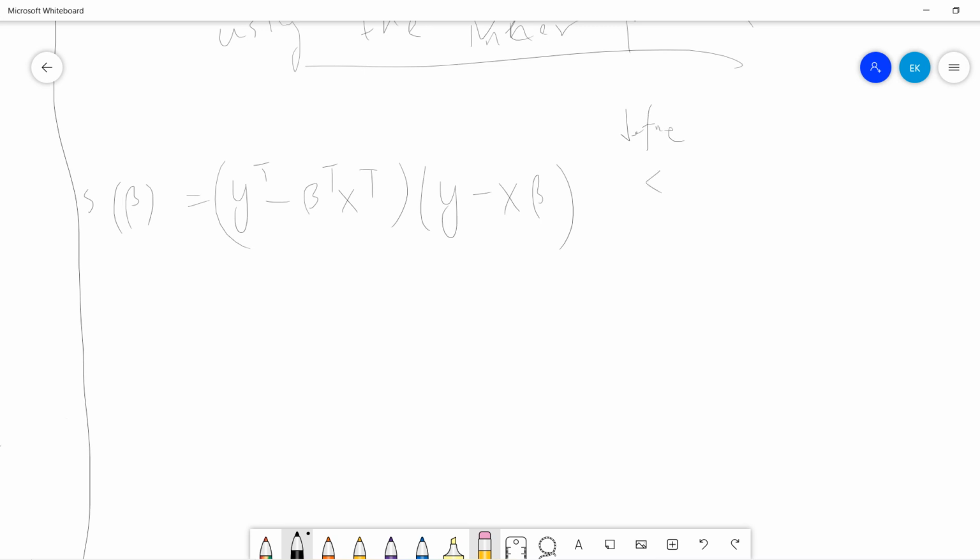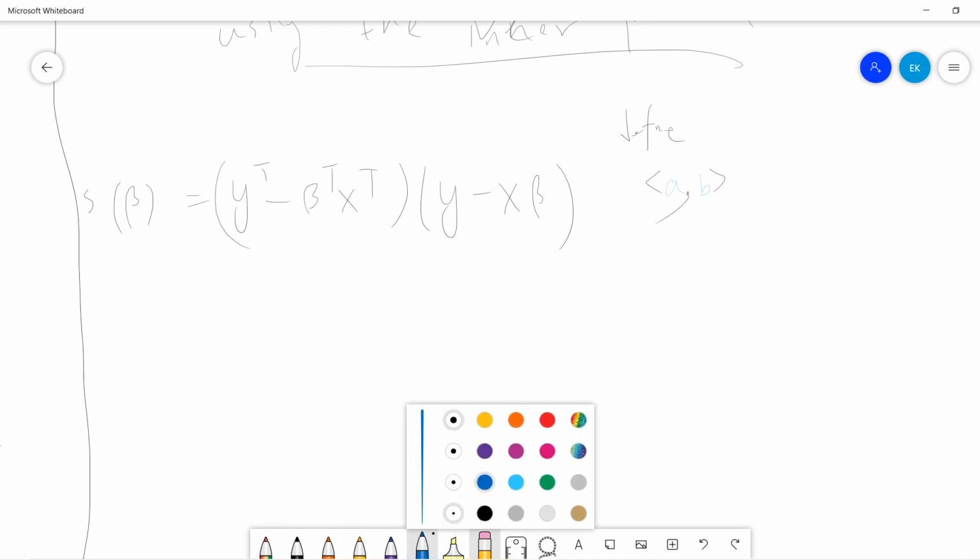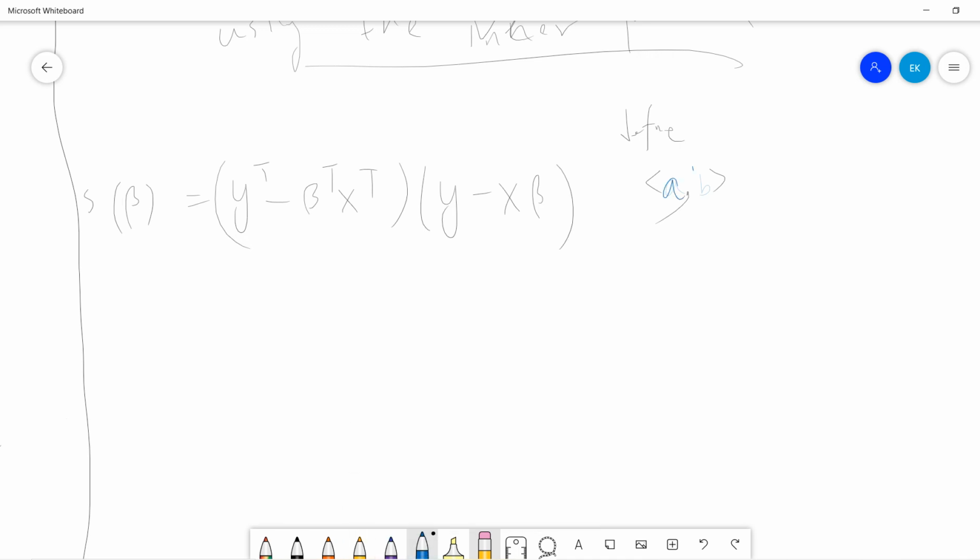Let's say I define the inner product of A and B to be A^T X^T X B. Okay, so this is my definition. If X^T X is positive definite, then this is definitely a legal inner product.